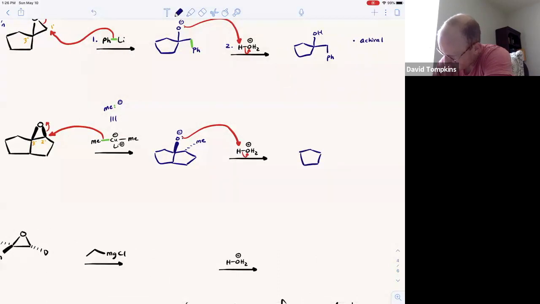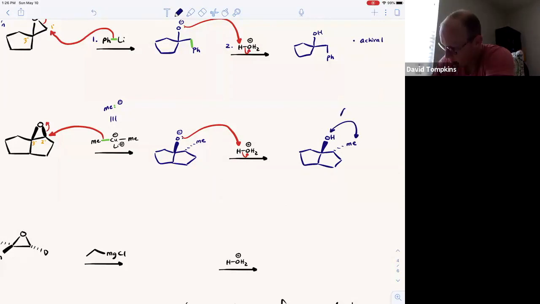And that will give this single enantiomer of the tertiary alcohol, where specifically the hydroxyl from the epoxide and the methyl from the cuprate are anti to one another because of the SN2-like reaction.